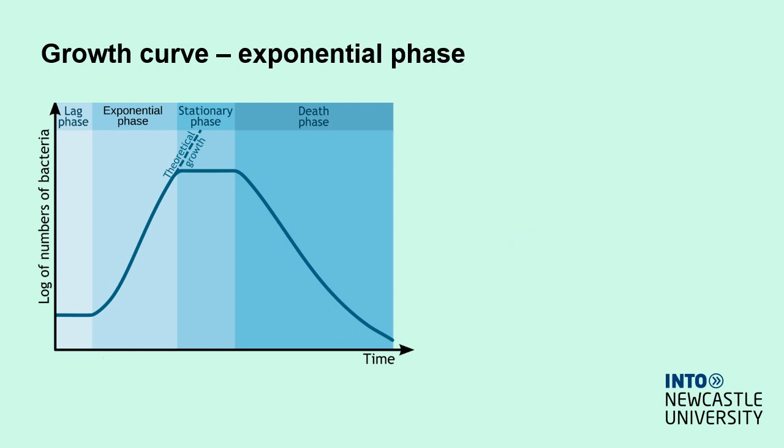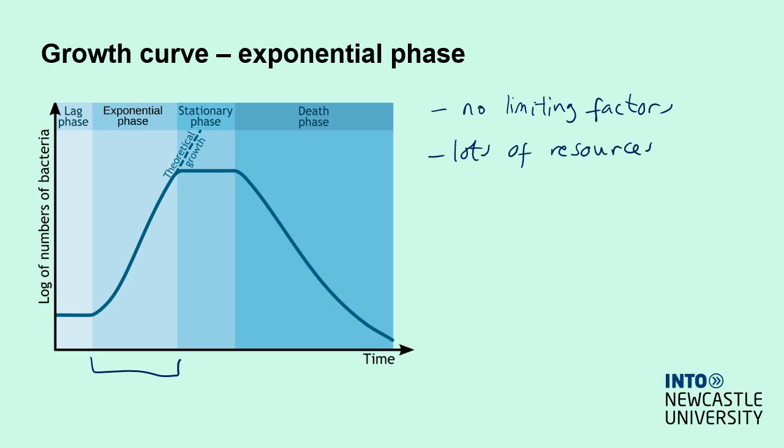The lag phase is followed by this rapid growth phase or exponential phase. What we have now are no limiting factors to growth. So what this means is we have lots of resources: food, space, nutrients, water, whatever this organism needs, there's lots of it.